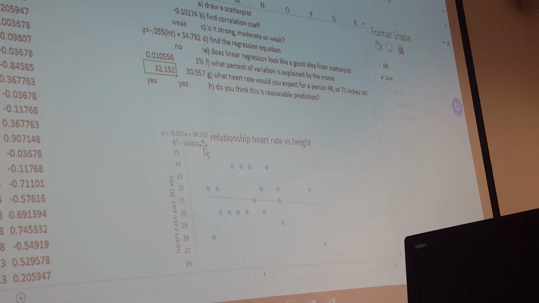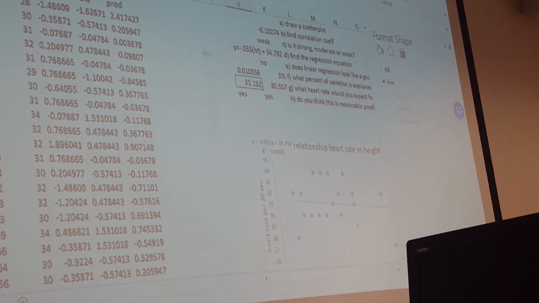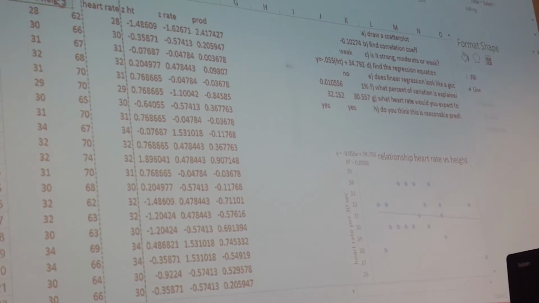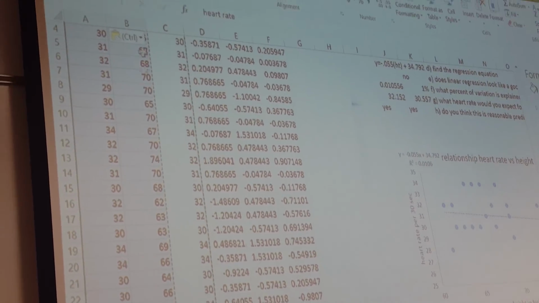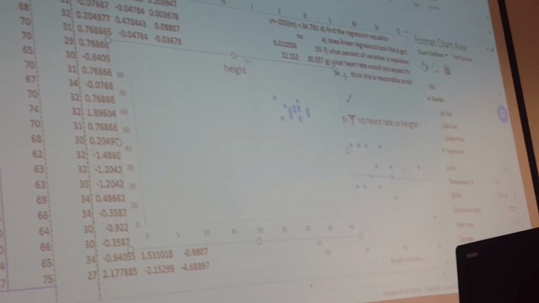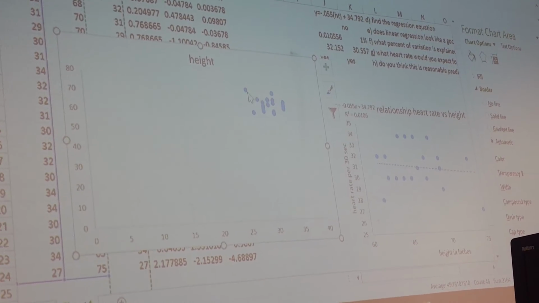If we switch the order, the equation would switch drastically. So here, for example, if I take this and copy it over here, insert, scatter. Now notice that doesn't look too different from what we had before.